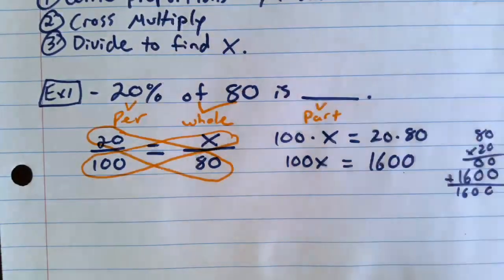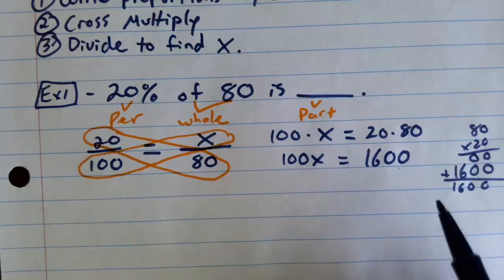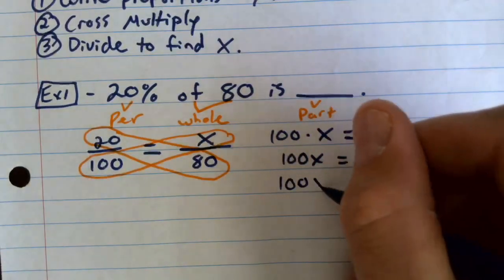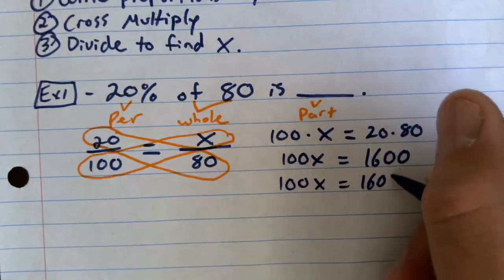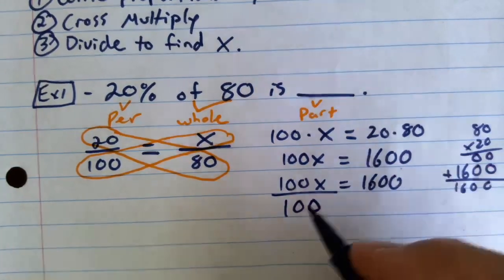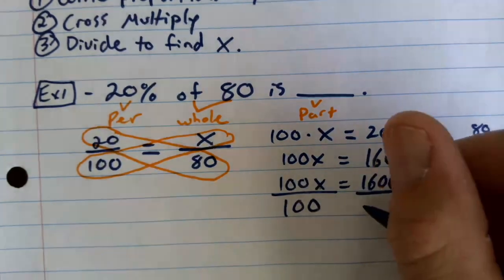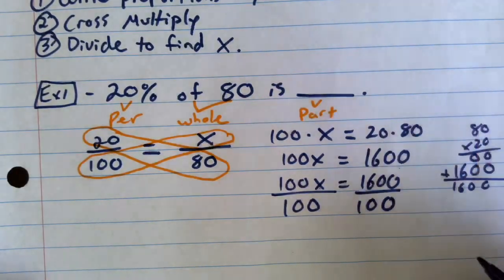Okay? So now we just have to divide to find x. Well, we have 100x equals 1600, and we must divide to get x by itself. So to divide to get x by itself, we divide by 100, and 1600 divided by 100.